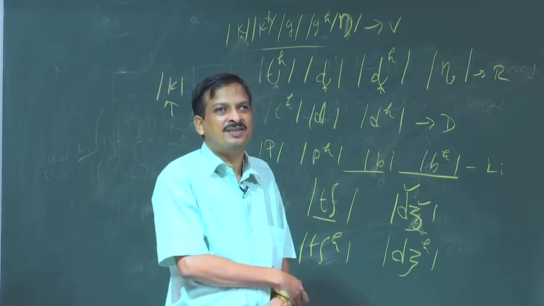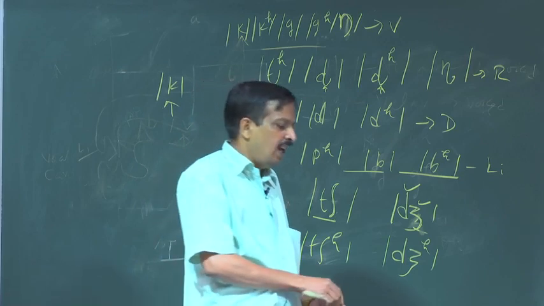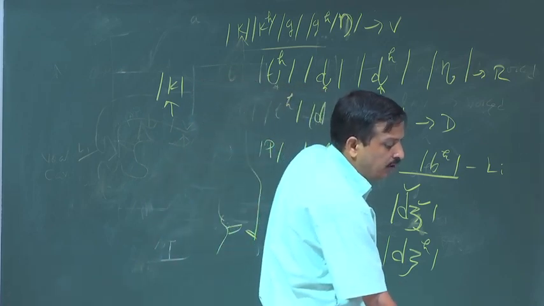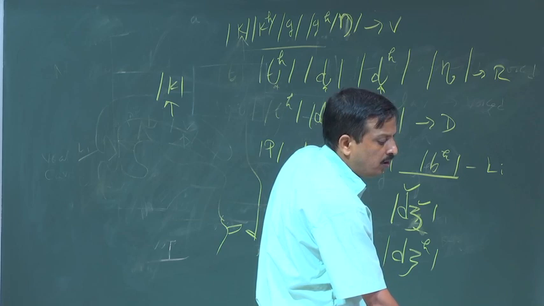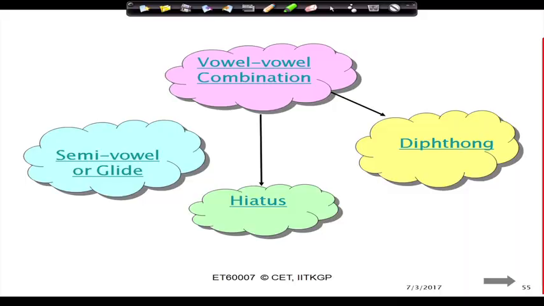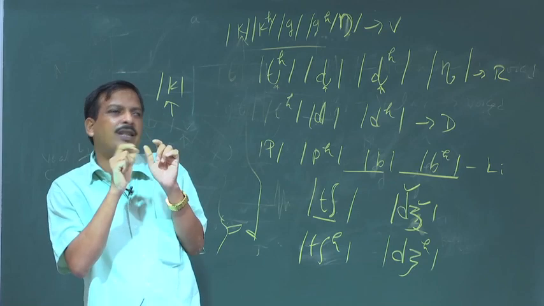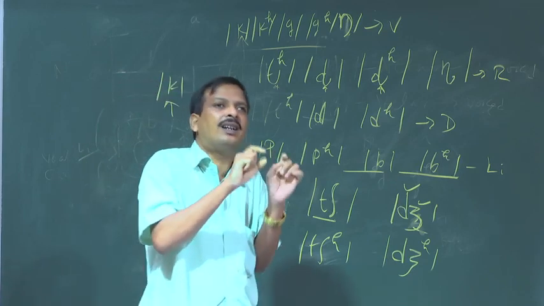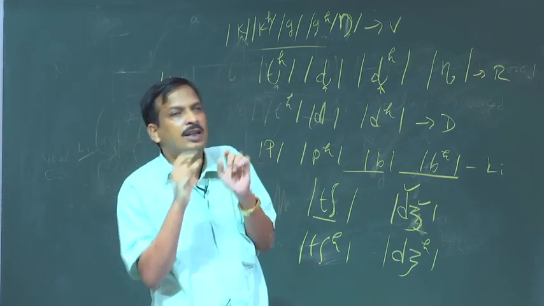So, this is the sound description, and this is how the place and manner of articulation are described in acoustic phonetics. Okay. Then instead of vowel and consonant, there may be other sounds also, like approximant, the vowel combination, semi vowel or glides, diphthong, hiatus, all kinds of sounds will be there. As an engineer, we should know the signal-wise difference between a semi vowel and a glide, hiatus and diphthong.